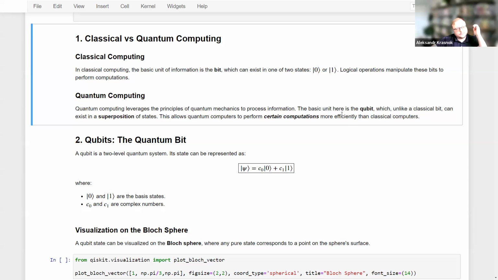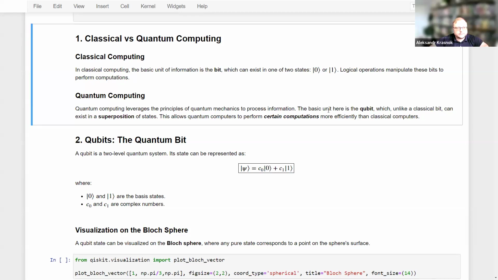This fundamental change in working with information leads to a drastic change in computer logic, hardware, and so on. So essentially, a quantum computer is something very different from a classical computer.